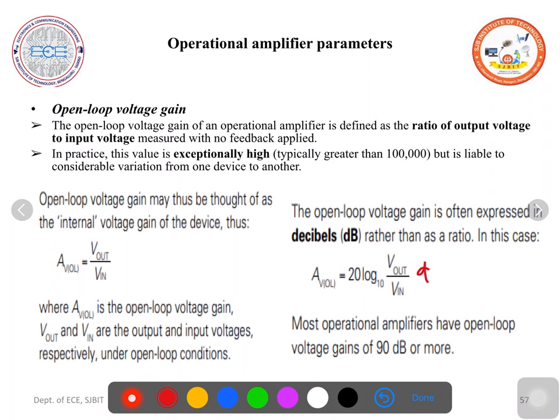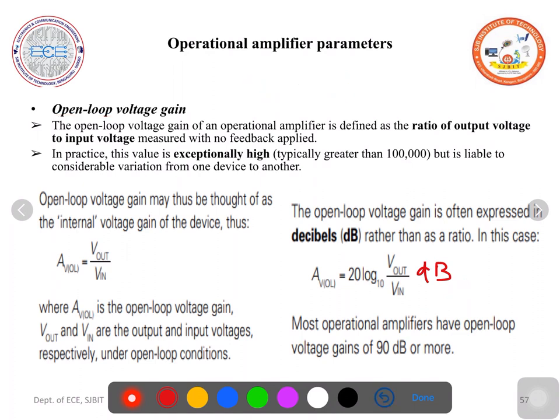If you want to express this open loop voltage gain in decibels, we can calculate 20 log V out by V in, and then this will be in decibels. Either you can go with the ratio or you can express the open loop voltage gain in decibels. Usually we tend to express the open loop voltage gain in decibels. The normal range will be 90 decibels or even more than that.